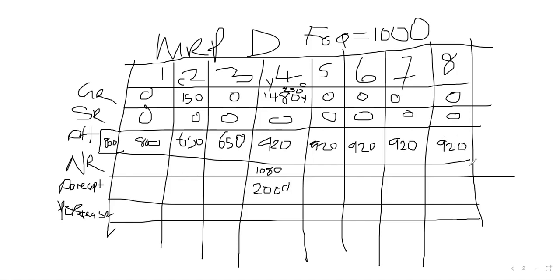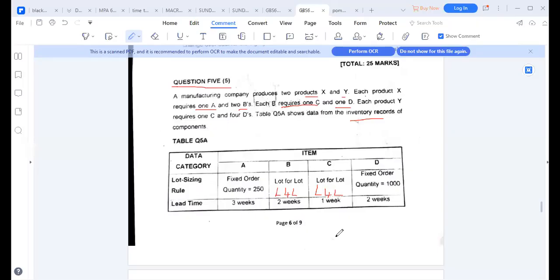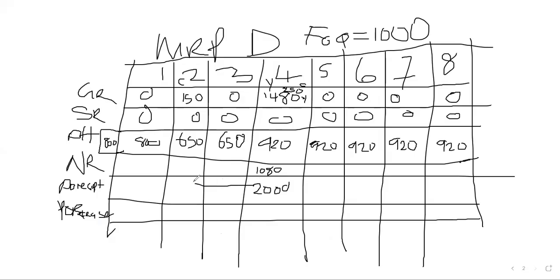So meaning that here, this is the MRP for product D. As we look at the lead time, it is 2 weeks. So meaning as we come here, this is the 2 weeks, so 2,000 should come here as the planned order release as we look at this MRP record.